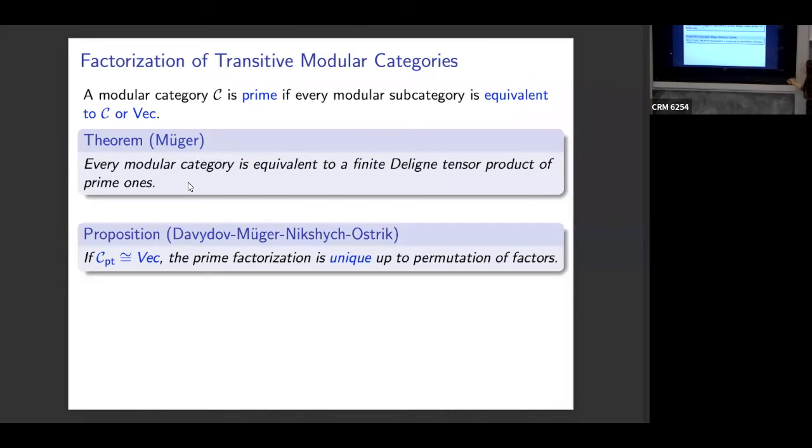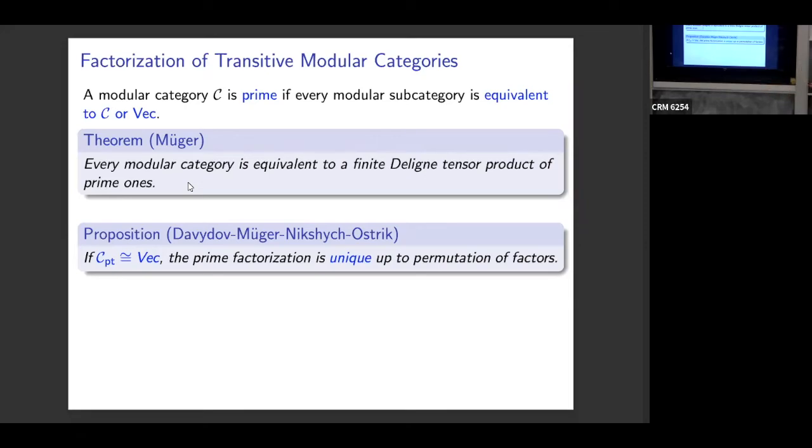But it is not always true that the factorization is unique. One case that we know gives unique factorization is when the pointed subcategory is trivial: the prime factorization is unique up to a permutation of factors.